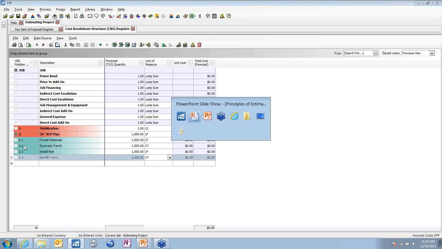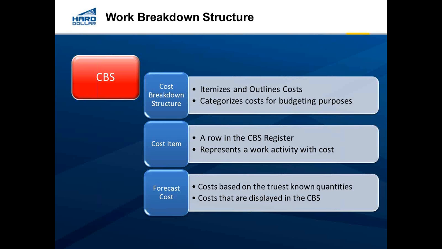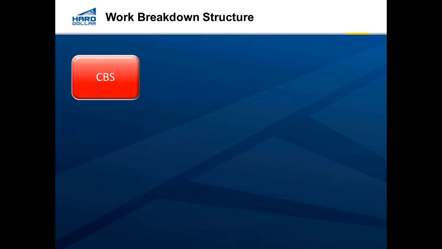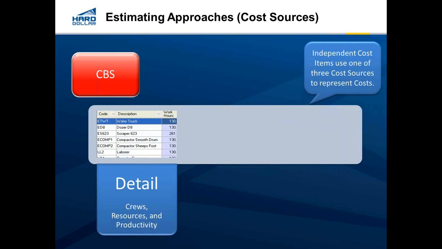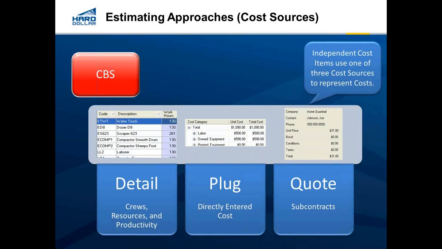So I would continue with whatever items I have to go ahead and establish that work breakdown. Once I've done that, the next step is, of course, to define the costs on those. And as you can see here, I have 3 different ways that typically people will define costs. They're going to do one of 3 things. They're going to figure out the detail themselves.